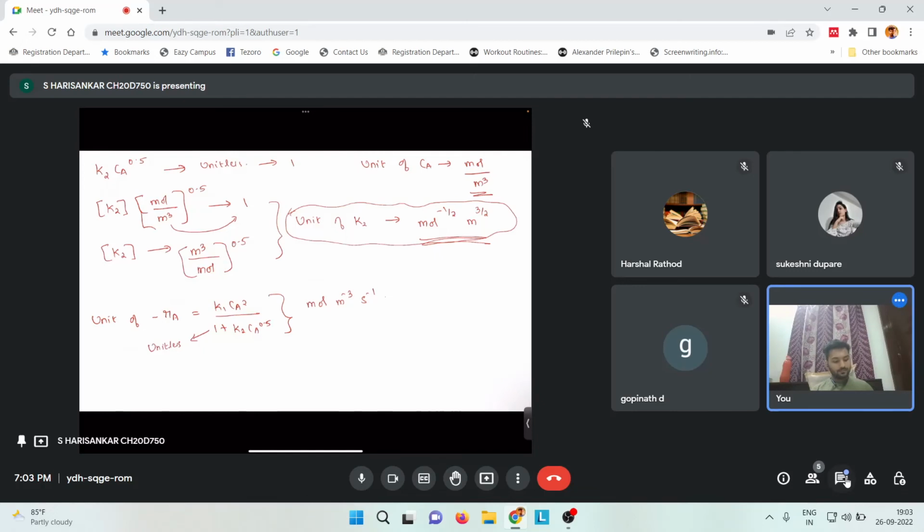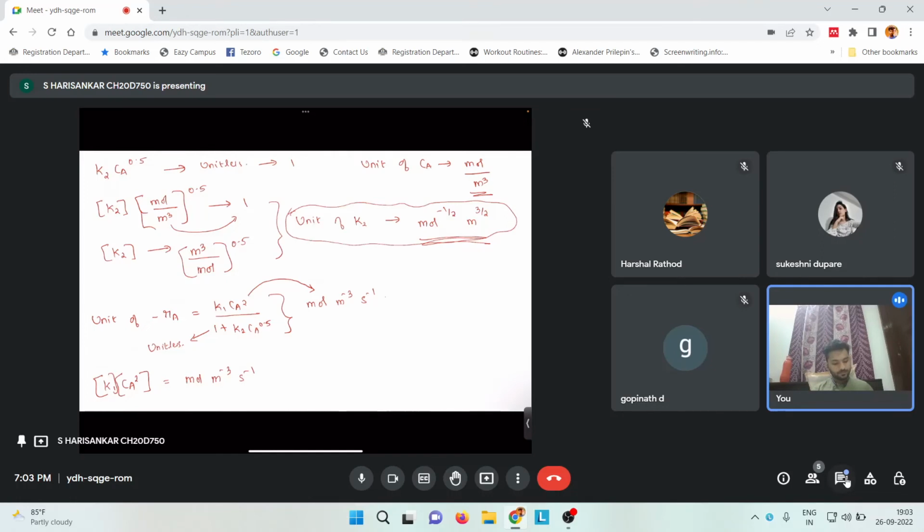So that means this numerator should also have this unit. Okay, so that is the final thing that we need to remember, and using this concept we can find the unit of K1. So K1 Ca square is equal to mole per meter cube second inverse.